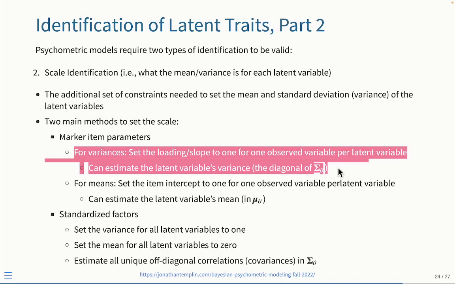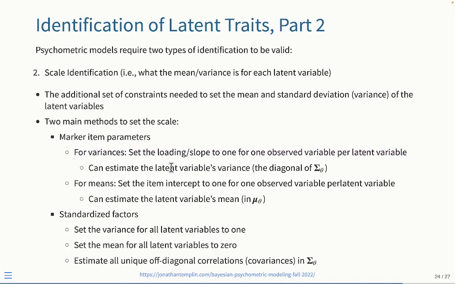Right? You are explaining that variance. It will not be 1. So that's why we might see the marker item technique. Similarly, often in measurement invariance studies, we may need to estimate the means for each latent variable, at least some estimate of it as well.